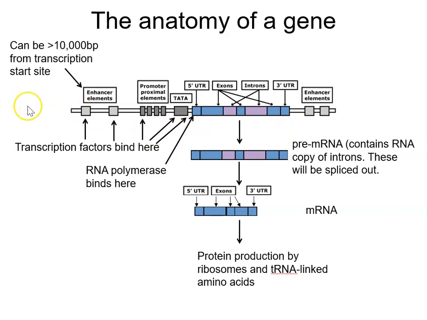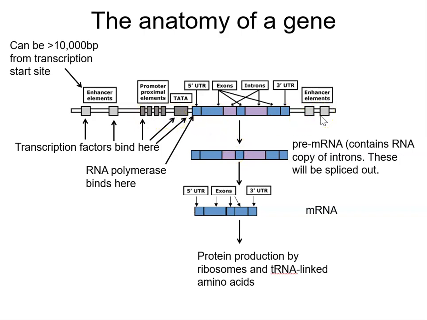So one of the largest genes is the dystrophin gene, and the dystrophin gene from start to finish is 3 million base pairs. That's a huge gene, and there are 90 or so exons within that gene.